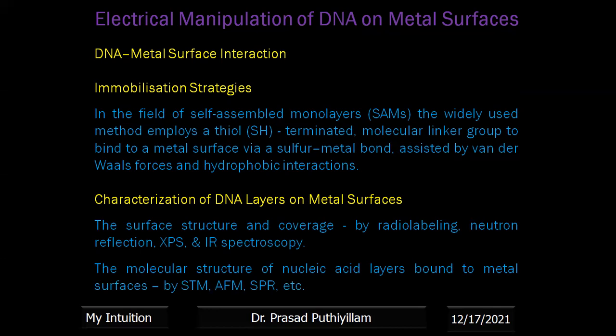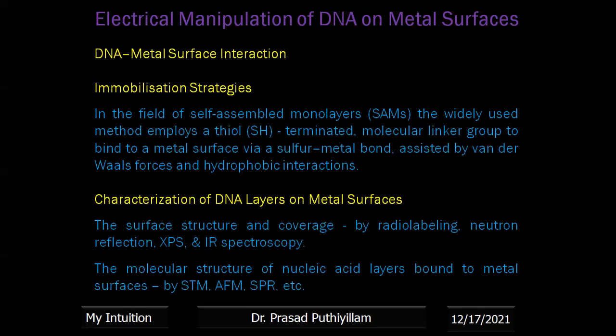DNA-metal surface interactions: the interaction between DNA and metal surface is not covalent. They will not form any covalent bond. It depends upon the mechanism, like molecular backbone or base interaction with the metal, electrostatic interaction, or van der Waals interactions between the DNA and metal surface.